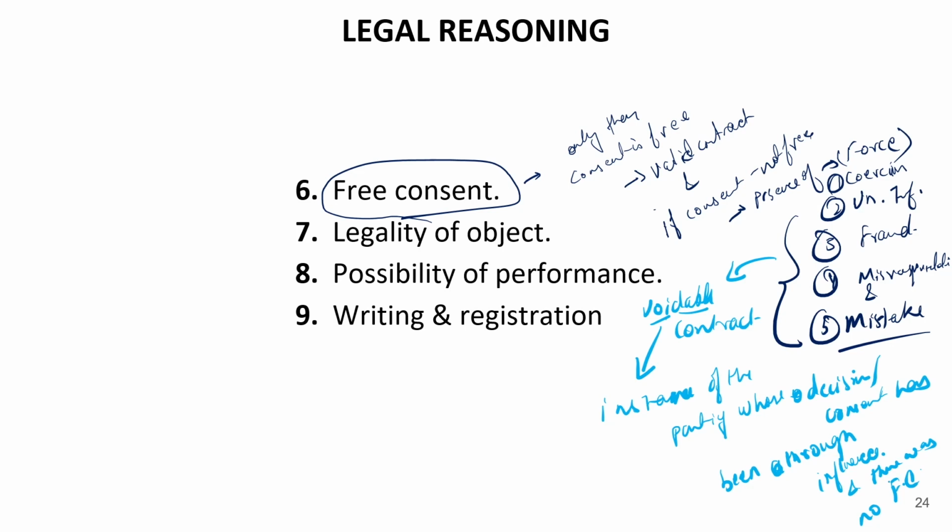So if there is no free consent, then obviously if these things are present, it will not be considered a free consent. If free consent is not present, we will consider it a voidable contract. So now I suppose you are well aware of what exactly a voidable contract is. Now let's talk about void contracts.